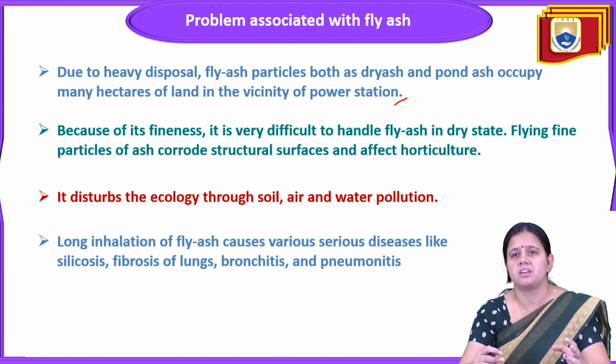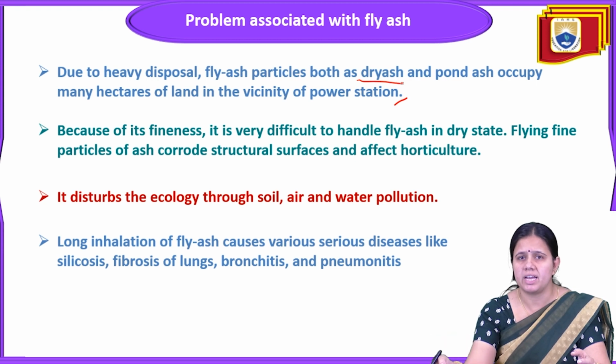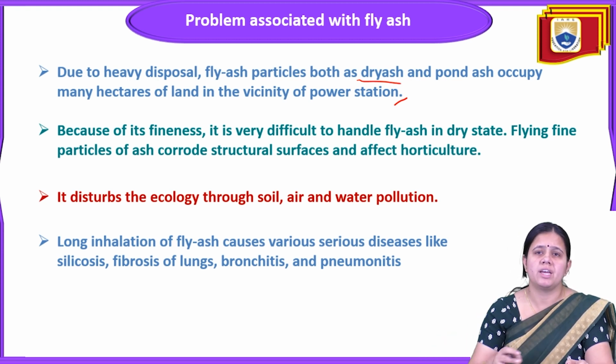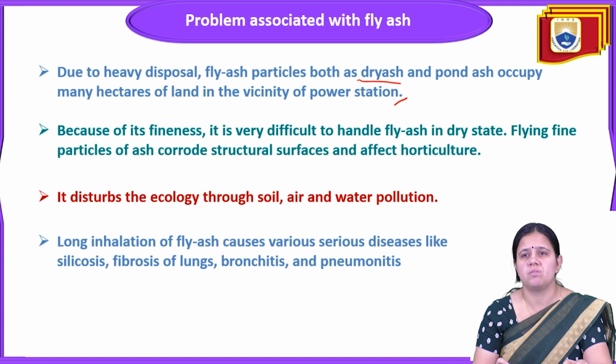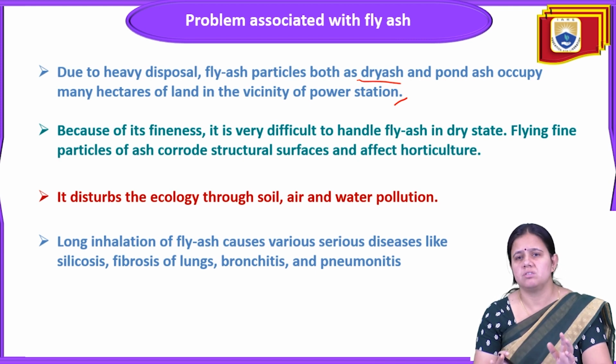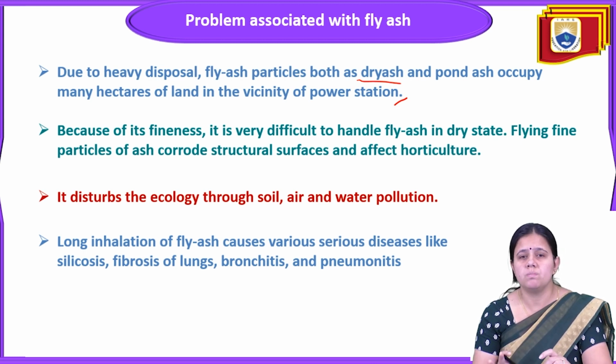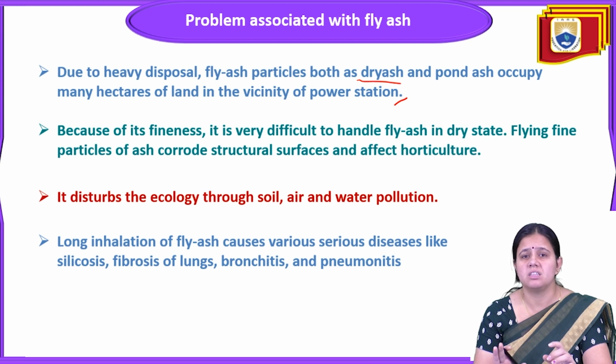These particles can be used both as dry ash and pond ash, and the pond ash is going to acquire hectares of land in the vicinity of the power station. Because of too much generation, fly ash is occupying too many hectares of land in the vicinity of the thermal power plant.